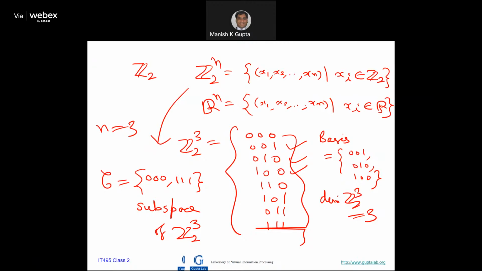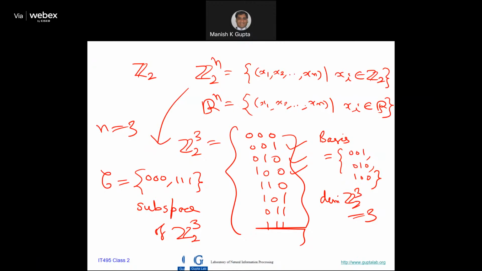No, because lambda times 0 will be 0, so this is dependent. In that case, I take any non-zero vector, and that will form a one-dimensional space. Any non-zero vector out of this, and how many of them are there? 7. So there are a total of 7 subspaces of dimension 1.